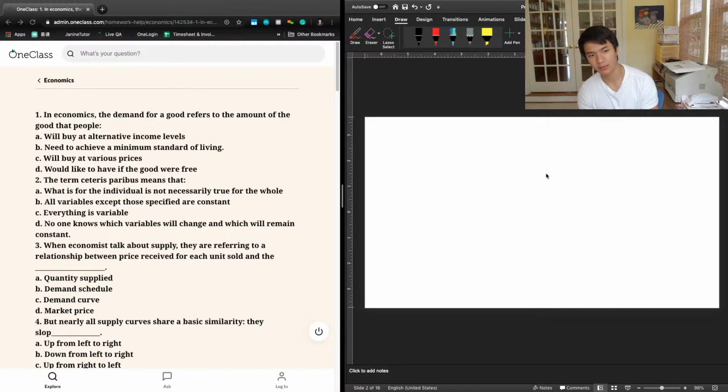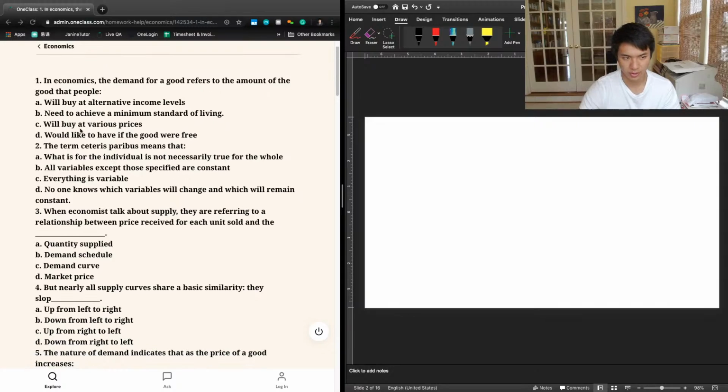And so when we look at demand for a good, we're looking at the demand curve and the law of demand, and it's basically telling us at every single price level, how much do people want to buy overall? And so that's going to be best matched by answer choice C, right? In economics, the demand for a good refers to the amount of the good that people will buy at various prices. None of the other answer choices seem to really depict the relationship we see presented to us on the demand curve. And so we're going to go with C.